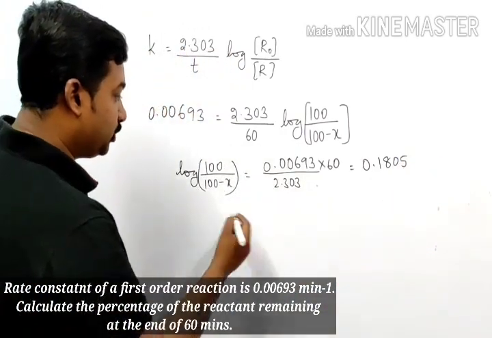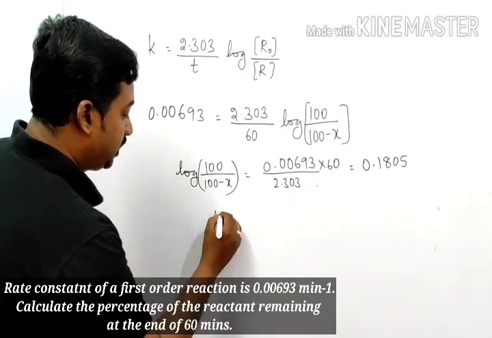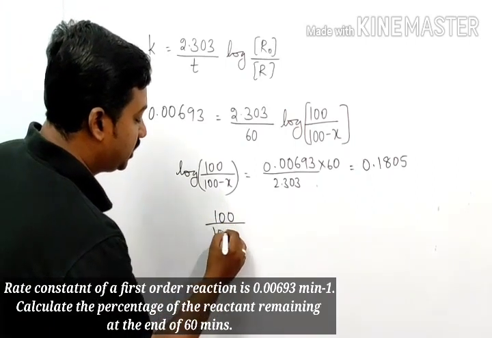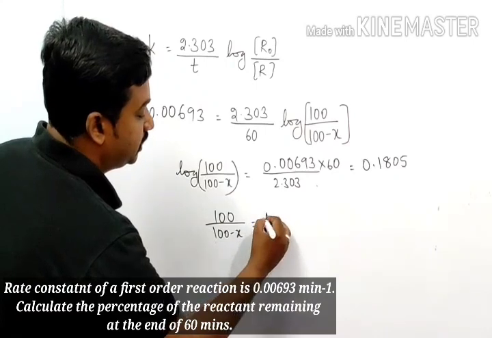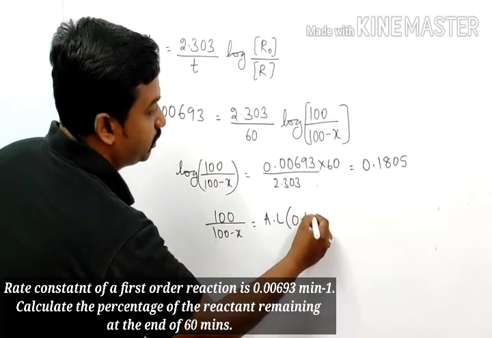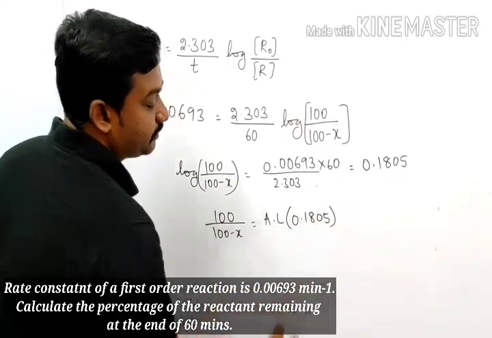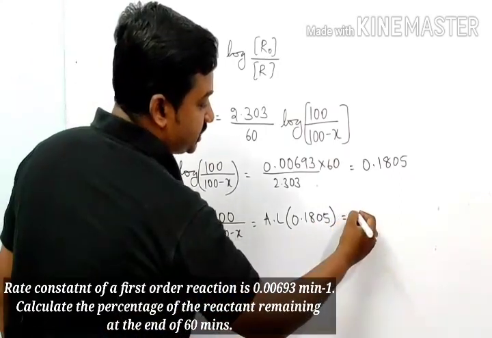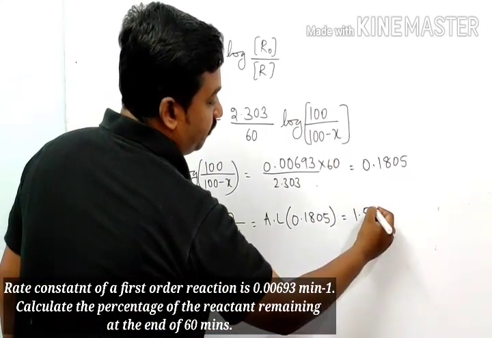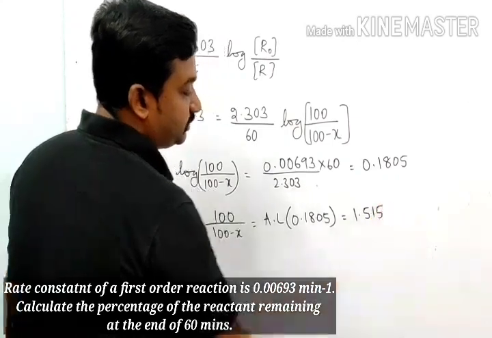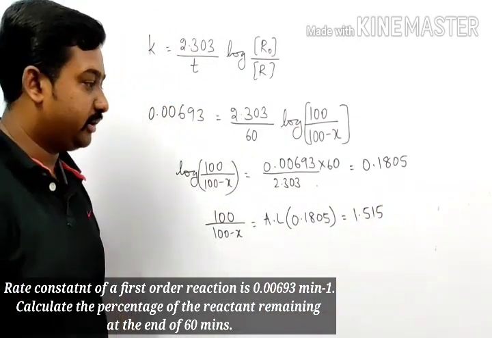Then next I want to calculate the anti-log. I want X value, so 100 by 100 minus X is equal to anti-log of 0.1805, and this value is 1.515.